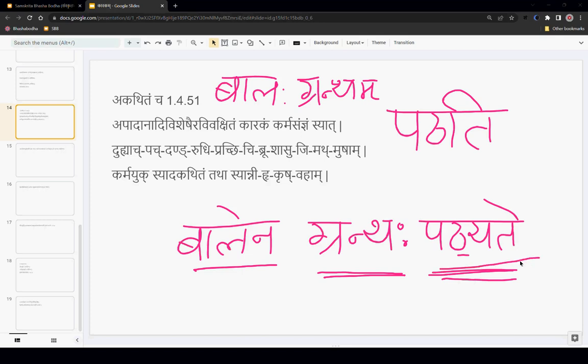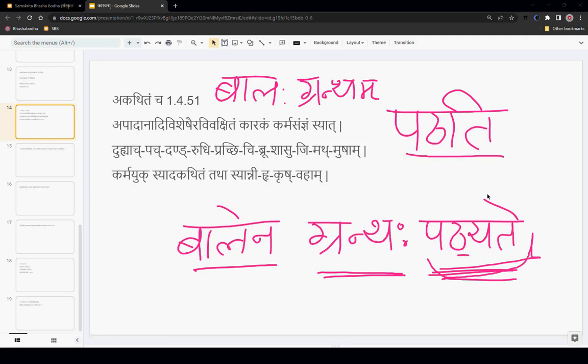So here, in this case, pathyate indicates what? It indicates karmani. That's why we say karmani prayoga. There is a yak pratyaya in this. That's why it is changing to karmani. When you add the ya pratyaya to the patha dhatu, we get pathya.